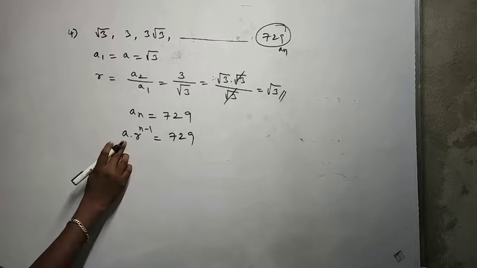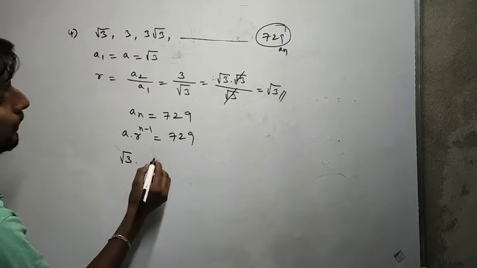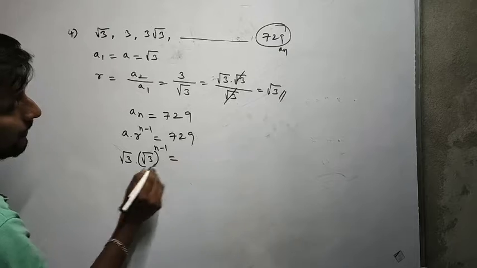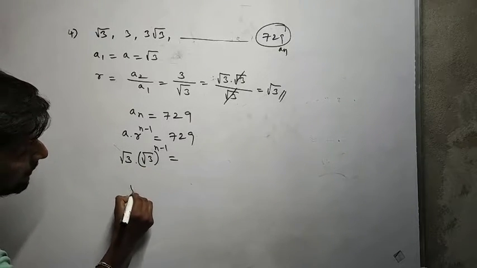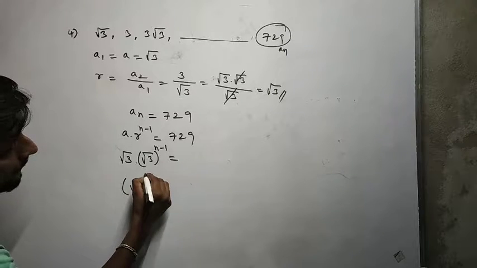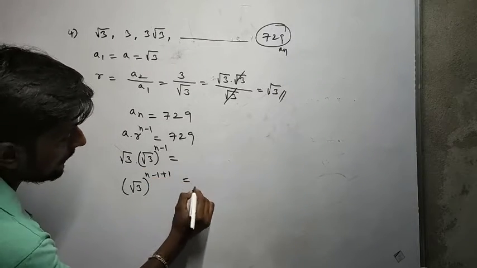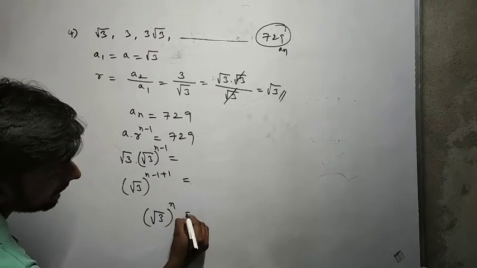Correct? Now a value we write as root 3, and r value root 3 to the power n minus 1. Now let me simplify it. Root 3 to the power n minus 1, already we have one more, plus 1, is equal to simply root 3 whole power n. Correct?